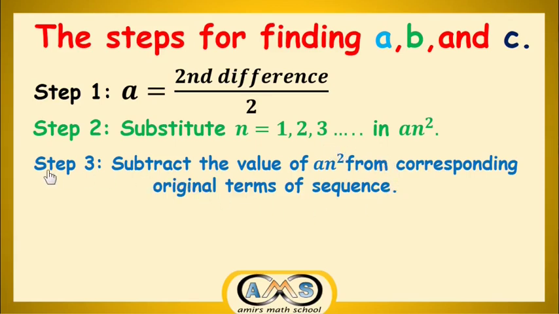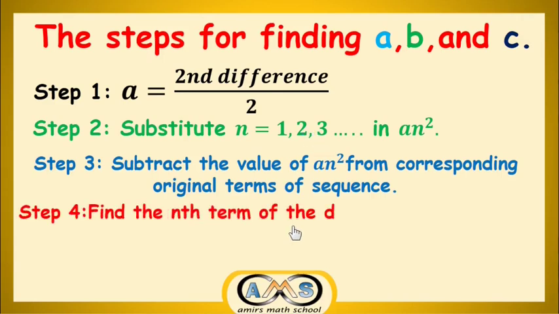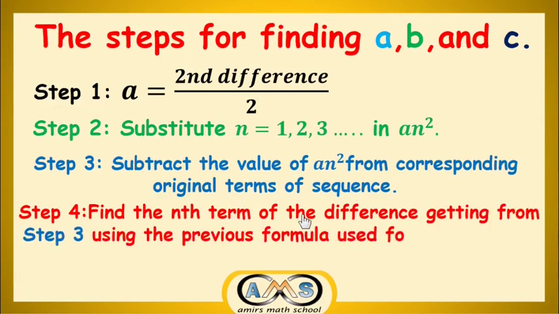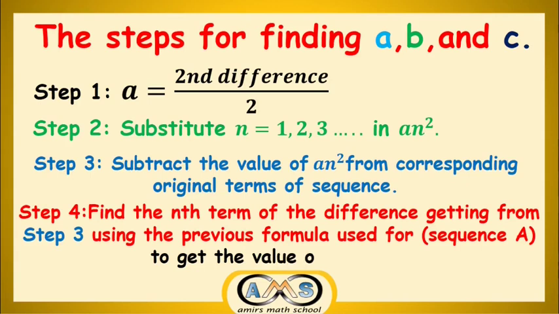In step 3, we subtract this first term from the original first term, the second term from the original second term, and the third term from the original third term. And step 4: find the nth term of the difference generated from step 3 using the previous formula used for sequence A, that is the linear sequence nth term formula, to get the values of b and c.